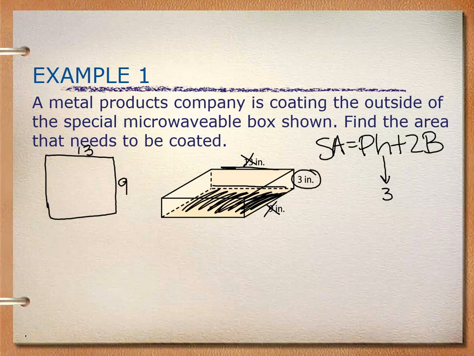Alright, so now what we have to do with the base is we have to find the perimeter of the base and we have to find the area of the base. Alright, so to find the perimeter, remember you have to add all the sides. So here we have 13 plus 9 plus 13 plus 9.